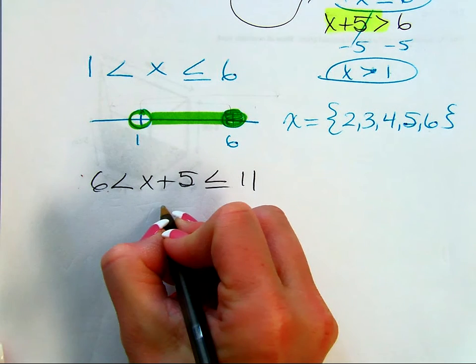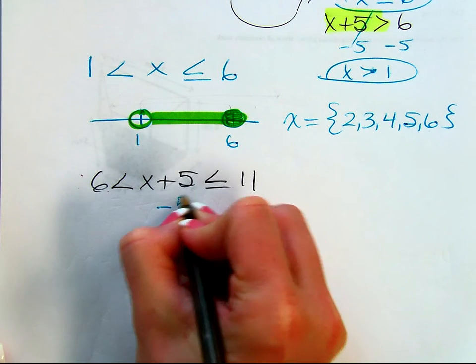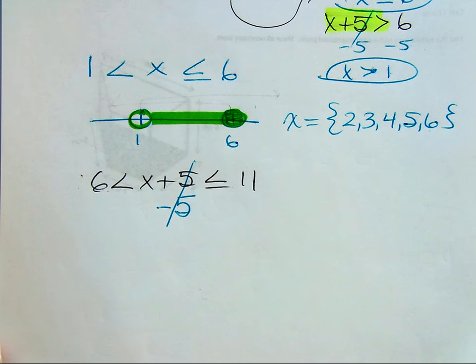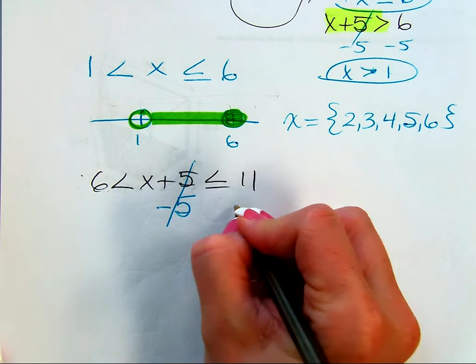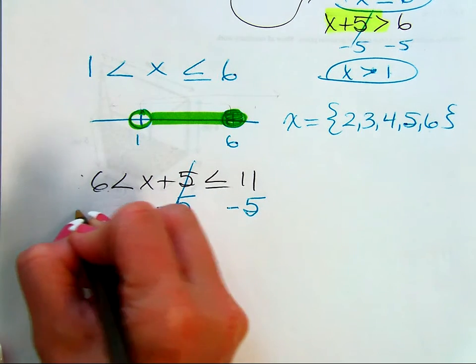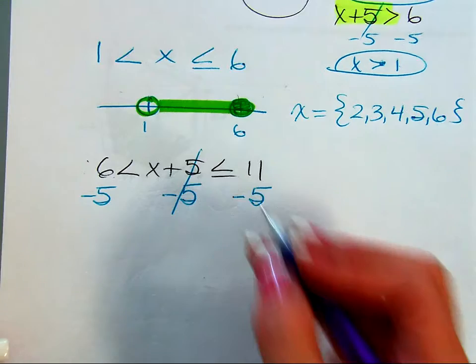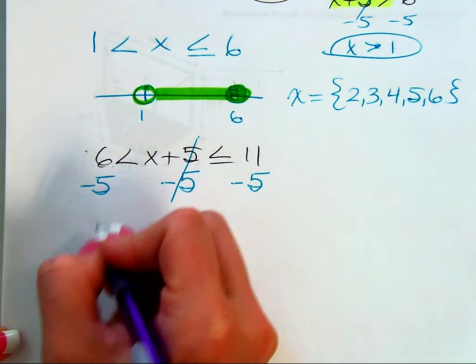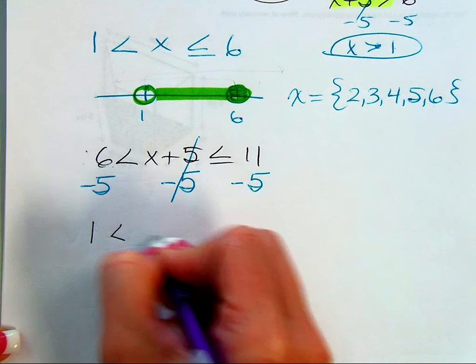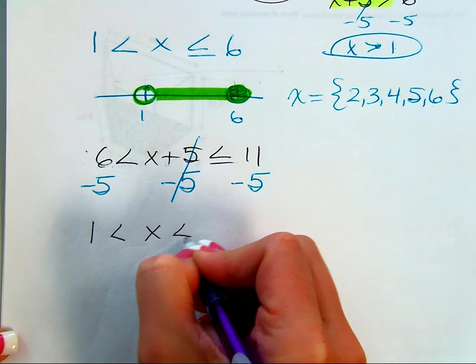So can I just subtract 5 from the middle and cancel it there? But if I do it here, I have to do it here, and I have to do it here, right? And when that happens, I get 6 minus 5 is 1, less than x, less than or equal to 6.